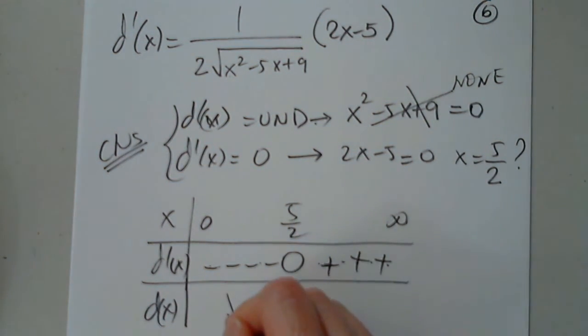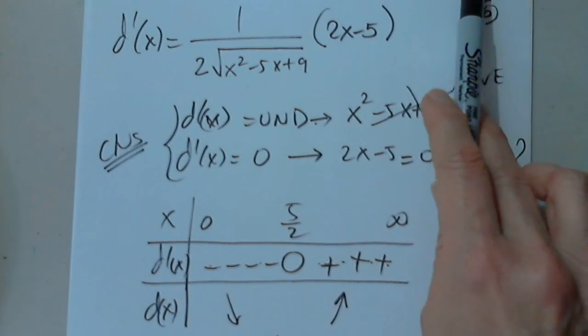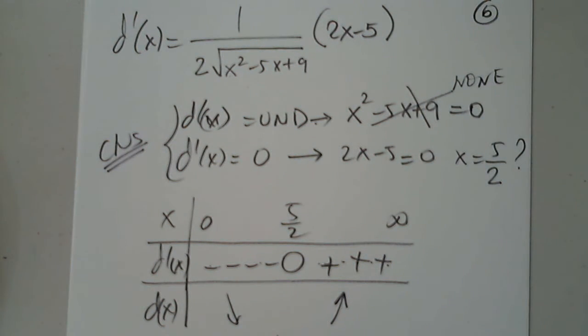So obviously this is typical for a minimum. I can determine it by plugging 5/2 into this function. I don't know if they ask, but I will ask.